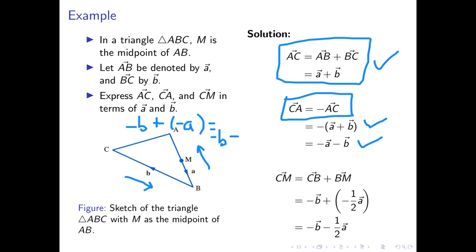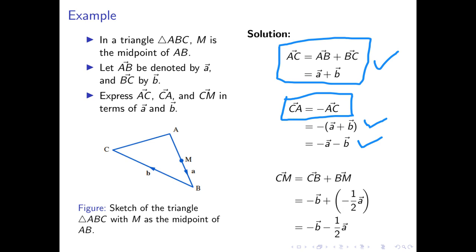Let's go on to then obtain CM. CM is going to be, let me take out the, so that we have a clearer picture of CM. So what is CM?